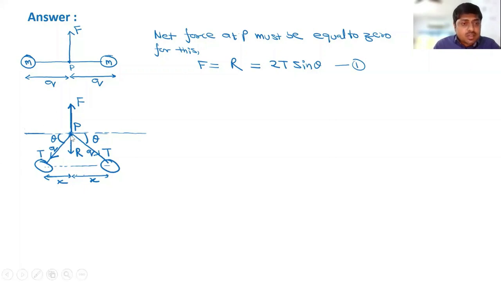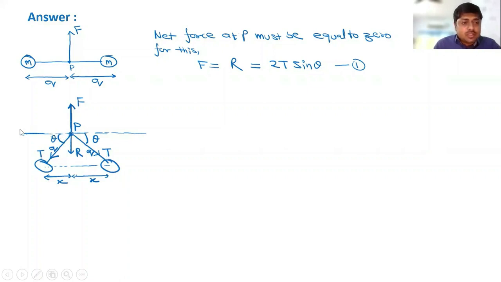So first, let's start with this point P, because on this point we are applying a force F in the upward direction, and this point P is actually the midpoint of these two strings, and in each of this part of the string there will be a tension T, and this is marked here also. This is the tension T in this string.